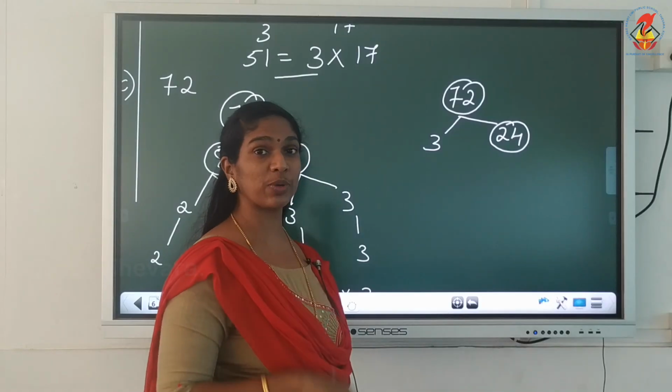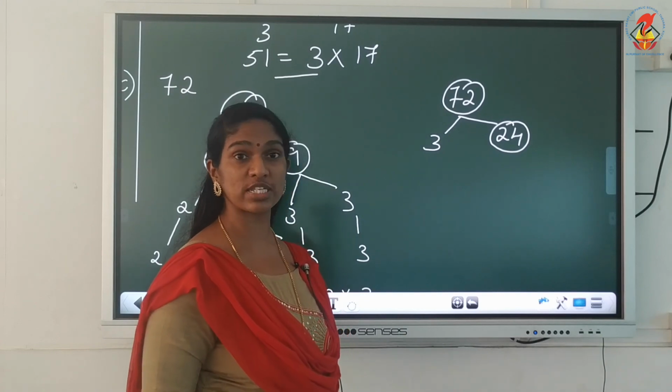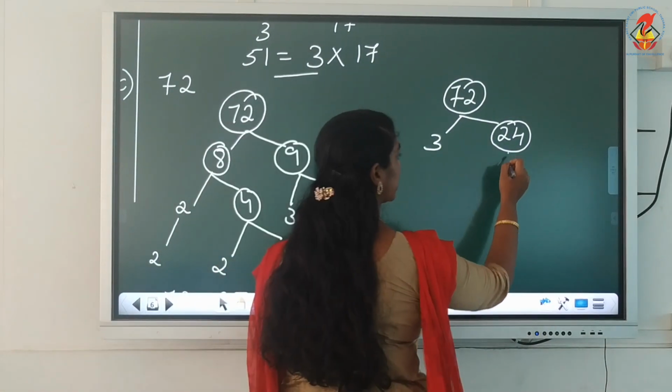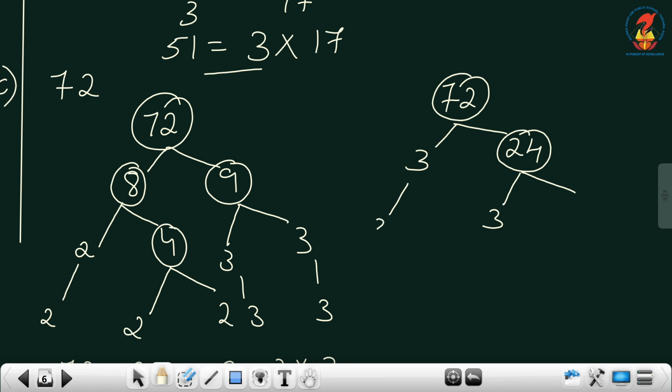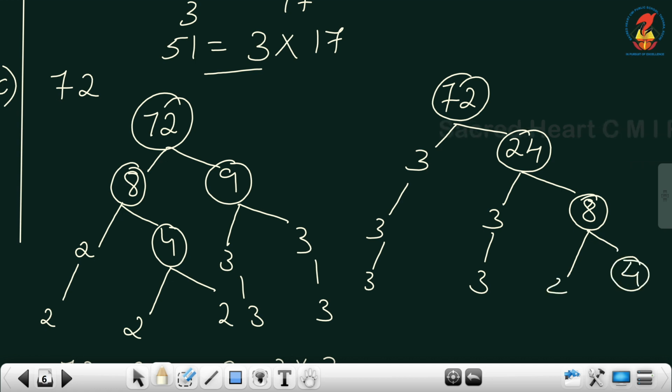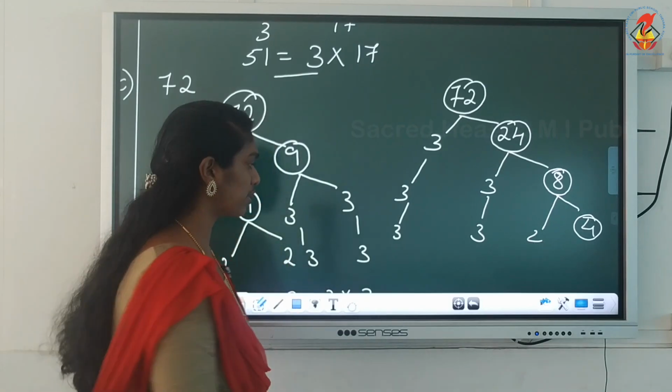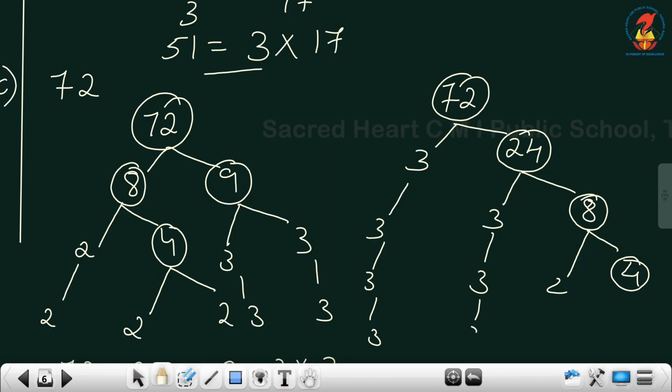I can write 3 into 8 is 24, or I can write 4 into 6 is 24. So I'll take 3 into 8, I'll bring down this 3. Now I have 8 here. 8 is a composite number, so I'll put a circle, bring down this 3. 8 I can split as 2 into 4. Again 4 is a composite number, so you bring down this, bring down 2.